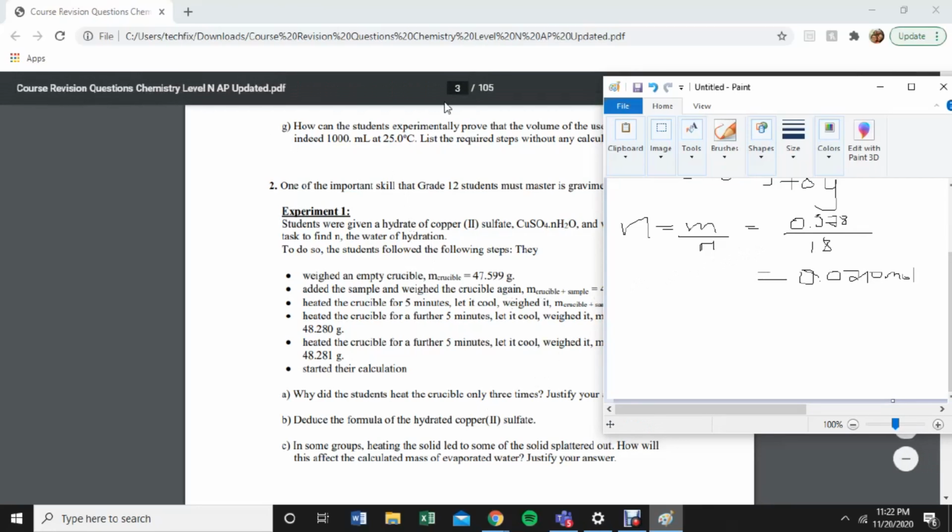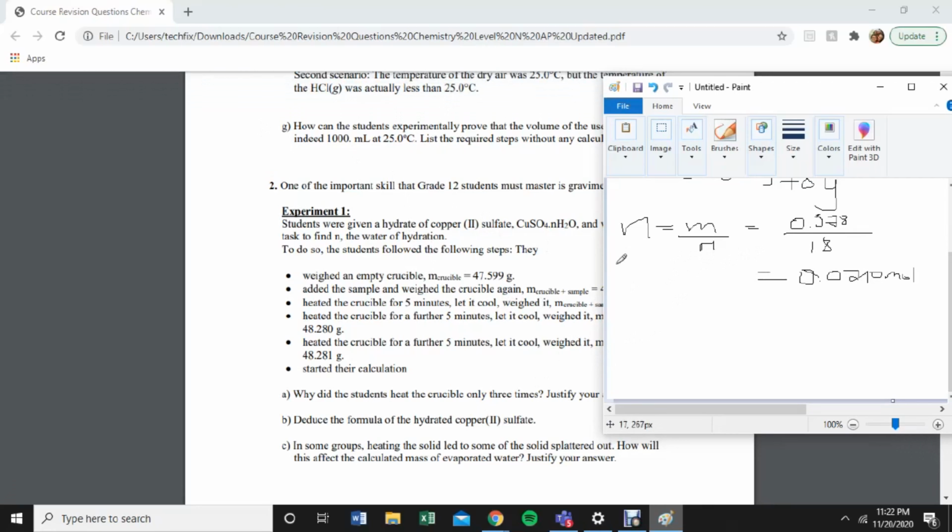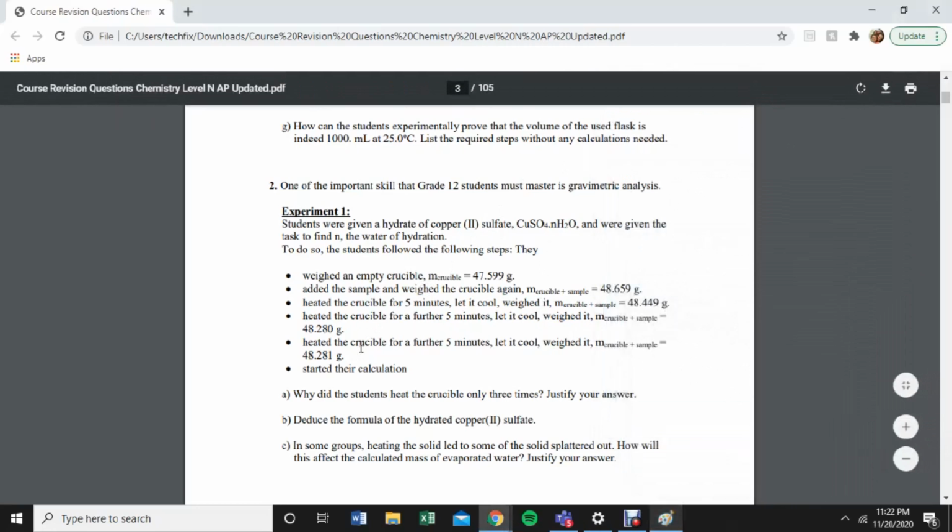Okay, so to find the number of moles, first you need to find the mass of CuSO4. The way to get it is, after heating the sample plus crucible, all that's left is CuSO4, because the water was evaporated. So this is the mass of CuSO4 plus the crucible. So you subtract the mass of the crucible from it.